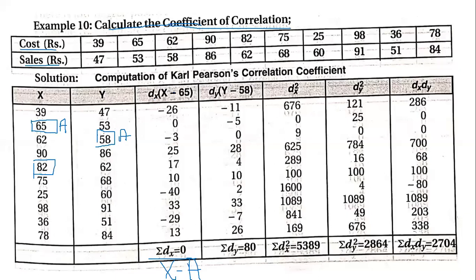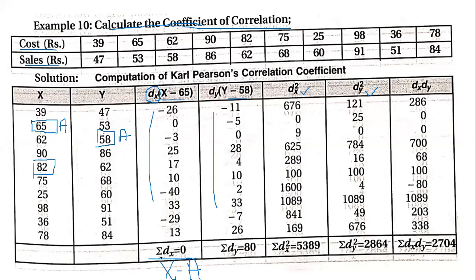Then we are supposed to square these deviations. Don't go and square x and y; you're supposed to square these deviations only. So square the deviations, and you get dx square and dy square. Again, the last important value to find is dx into dy. Multiply these two columns and you get the final important value.